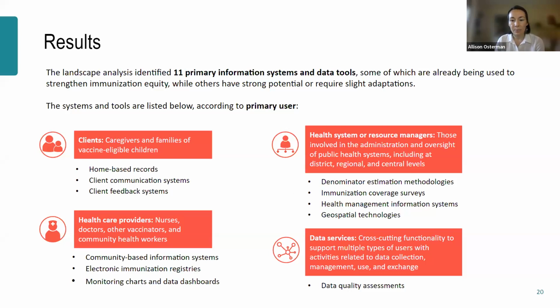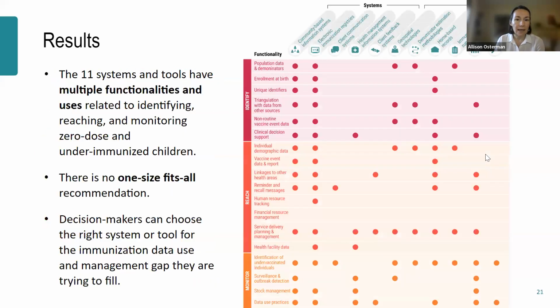So for example, whether the data is being collected at the community or the facility level, or if it's aggregate data. And then we had a fourth category for data services, which includes tools such as data quality assessments that are used at multiple levels of the health system and have various different purposes. Next slide.